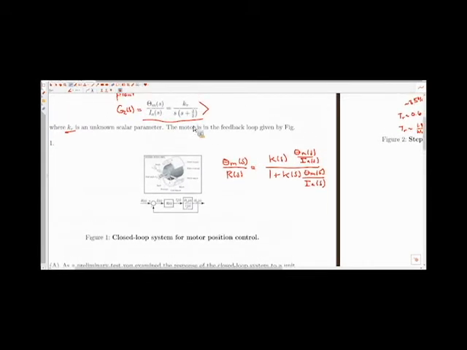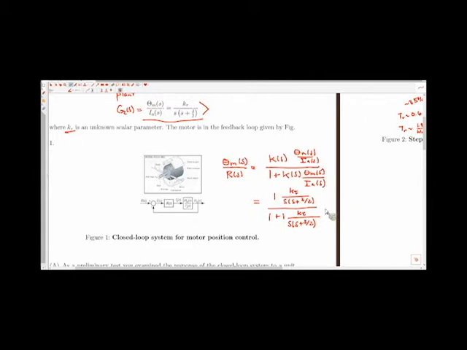So if we were to now insert the values that we know, Justin, following up on that thought, what would you recommend multiplying top and bottom by? Yeah, exactly.